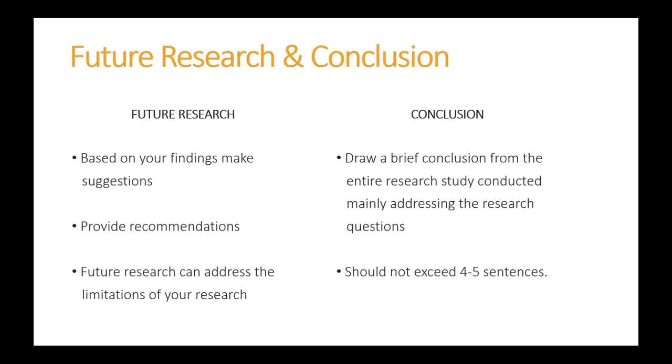And lastly, you have to just write a conclusion. Conclusion should not be more than 4 to 5 sentences. Even if you write 2 to 3 sentences, it should be good enough. But it's important that you draw a brief conclusion from this entire research study that you have conducted, mainly addressing the research question. So these are all the sections that you need to include in your discussion.